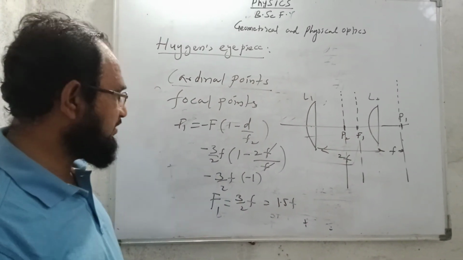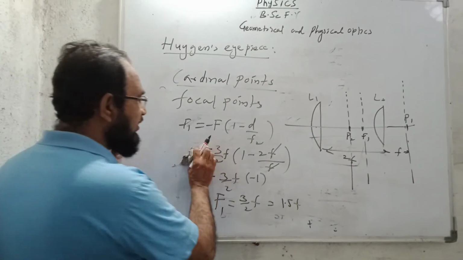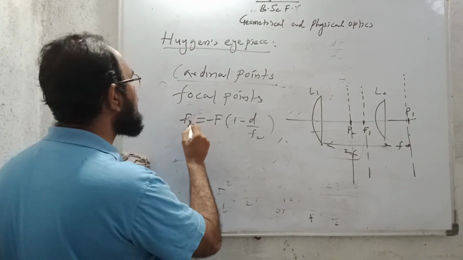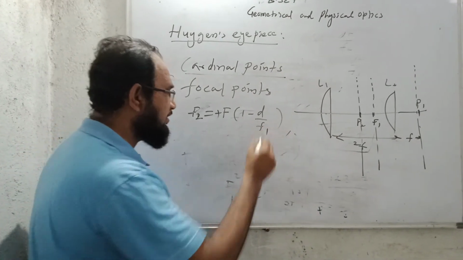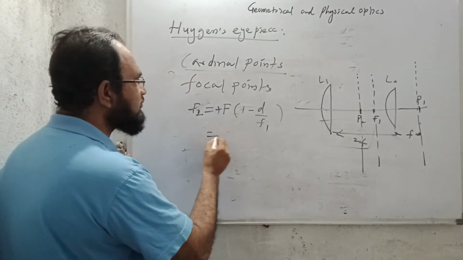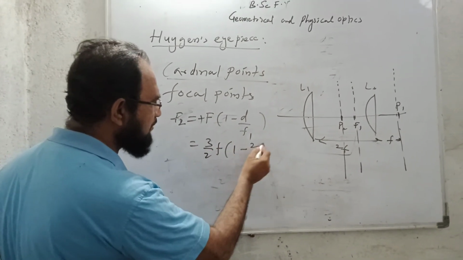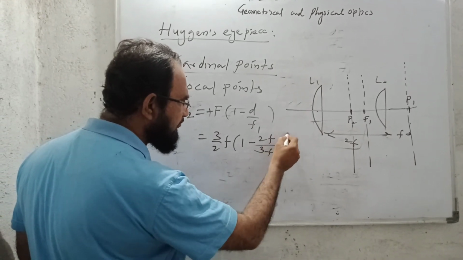Now if I want to calculate the second focal point, I will use here the formula as f2 is equal to plus f into 1 minus d by f1. So I will substitute here the values as 3 by 2 f, 1 minus d is 2f, and f1 is 3f.